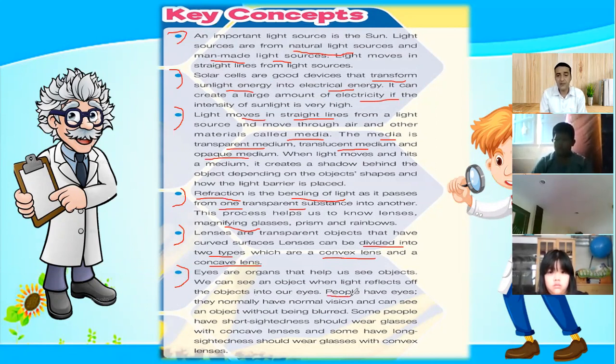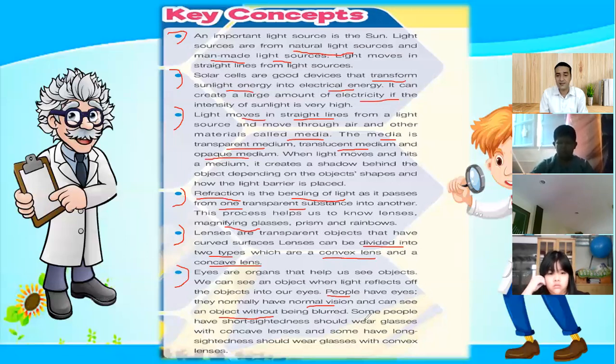People who have normal vision have normal eyesight, and they can see an object without it being blurred. So they can see things in a normal way.